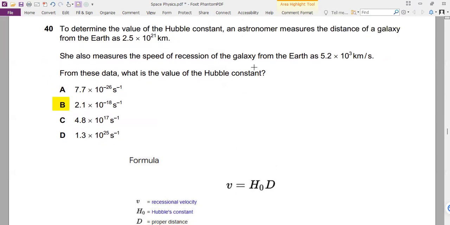So you divide this speed by this distance, and you will get the answer to be this one. And carefully look at this. This is second inverse. That's the unit of Hubble's constant. We will come across this in the next questions.